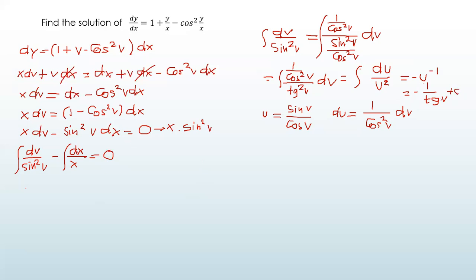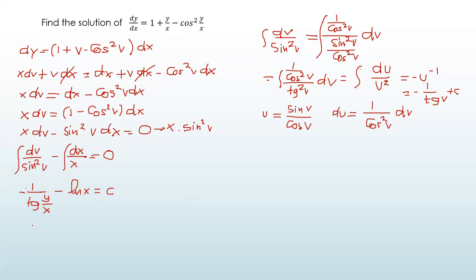Tangent phi is tangent y over x. So this integration's outcome is negative 1 over tangent phi, or tangent y over x, minus ln x, plus c, like this.